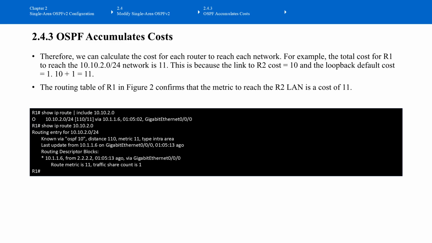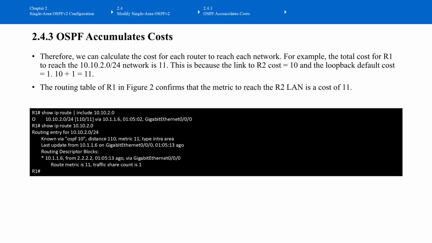The show ip route command confirms this. The O route 10.10.2.0/24, 110/11 via 10.1.1.6. The important part is 110/11.